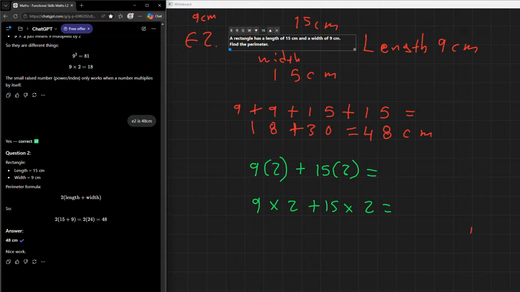Oh, 2 times the length plus the width. 2 length and width. Okay. So it does what? 2 times 15 plus 9, is it?